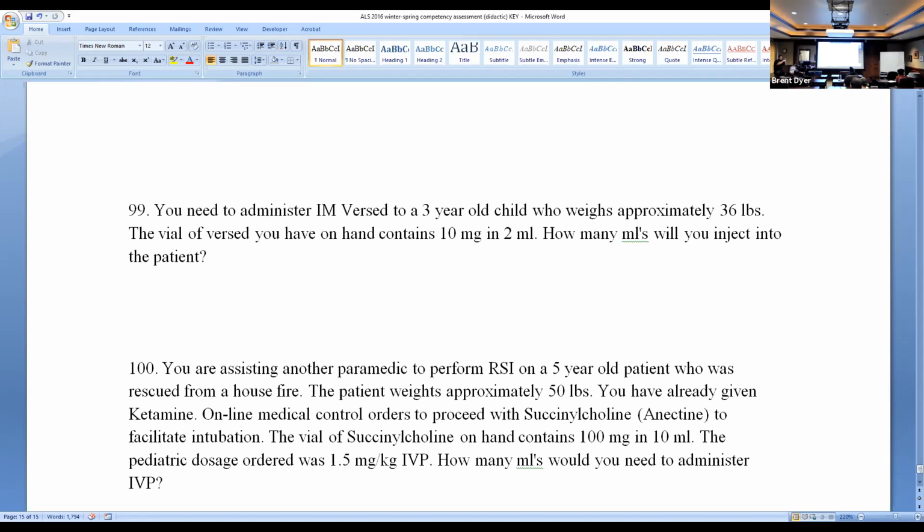It goes from purple to yellow. You have bilateral breath sounds. Bilateral breath sounds. Negative epigastric sounds.